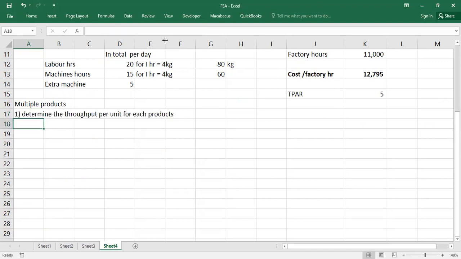Like in this question of ours, the previous one that we're trying to use has 2 products, and I will use that one. So you determine the throughput per unit for each product. And the next thing you do is that very answer that you have, the throughput per unit, you try to now get throughput.